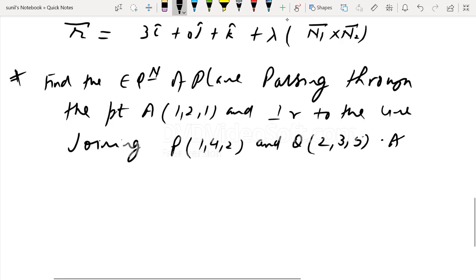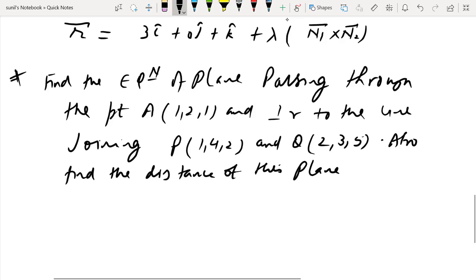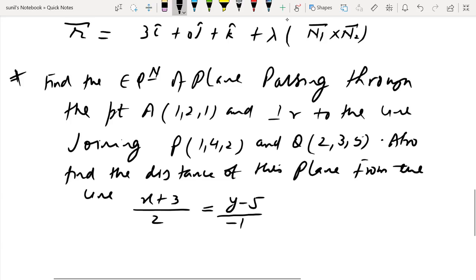Now next is also: find the distance of this plane from the line (x plus 3) upon 2 and (y minus 5) upon minus 1 and (z minus 7) by minus 1.